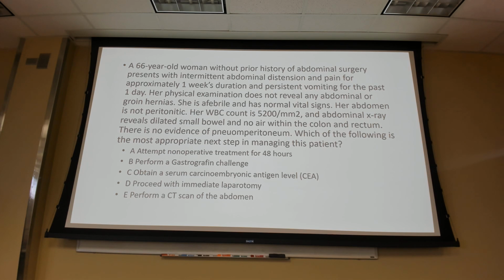So the first question, is this patient stable or unstable? Yeah, the patient's stable, good. All right, she's afebrile, normal vital signs. Good, she's got a white count of 5. I don't see any pneumoperitoneum. What's the next test for this patient, or step in managing them?